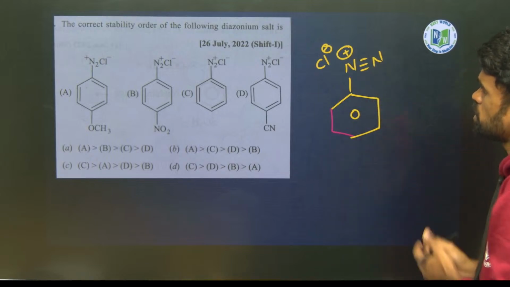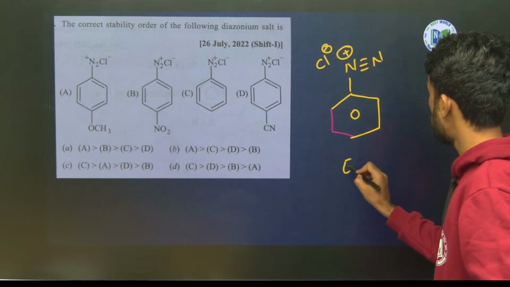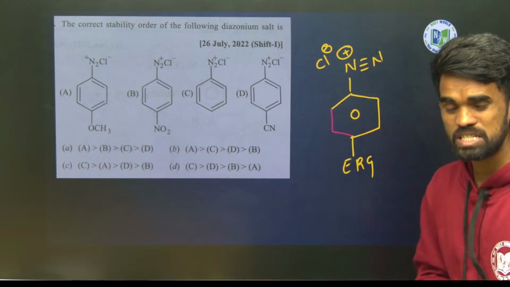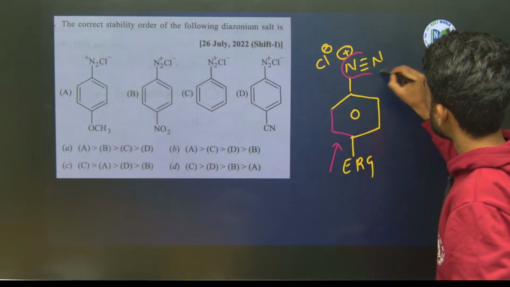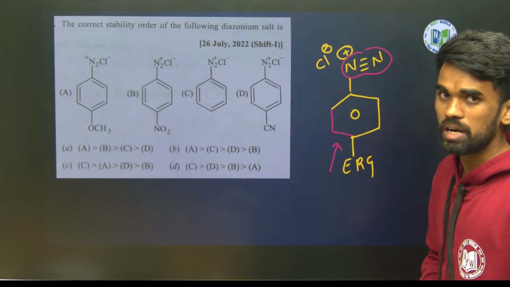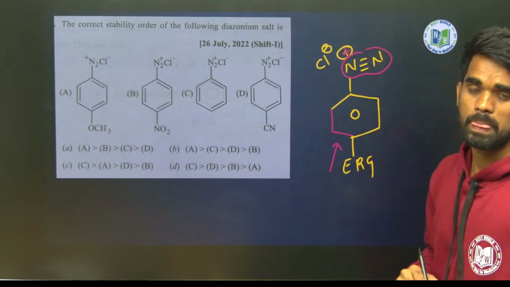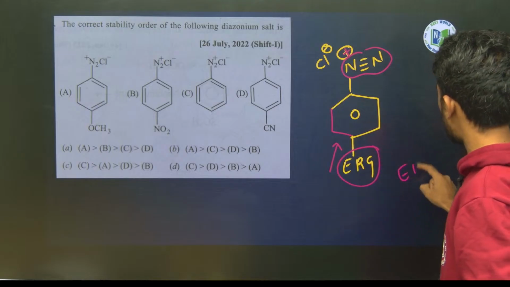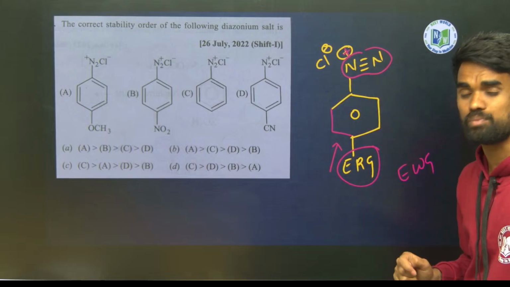So this diazonium chloride will be more stabilized when it has electron releasing groups. When any electron releasing group is attached to the ring, it releases electrons and makes this N triple bond stronger and more effective, as nitrogen has a positive charge. What happens if it is an electron withdrawing group? Already the nitrogen has a positive charge.